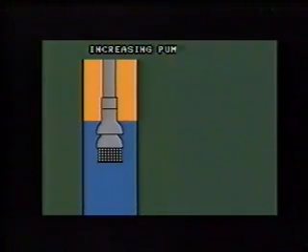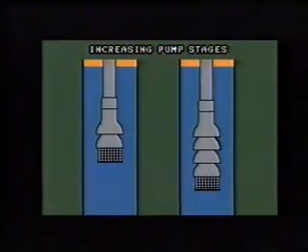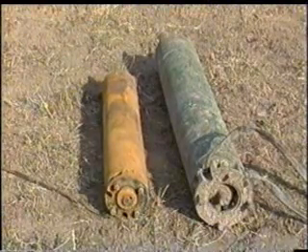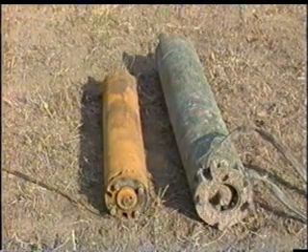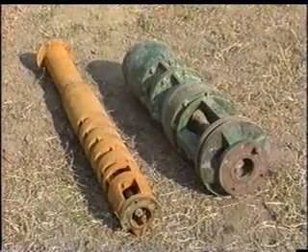This can be corrected by increasing the pump depth. And in some cases, by adding additional stages and using a larger motor in addition to lowering of bowls. If required, the pump size is reduced.